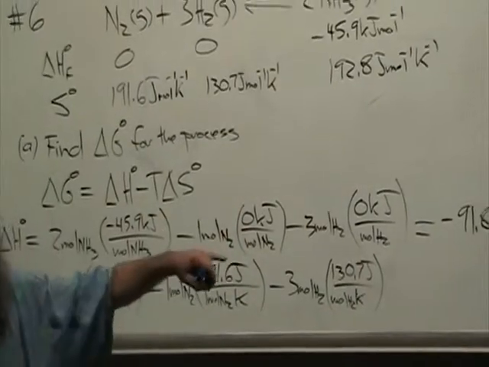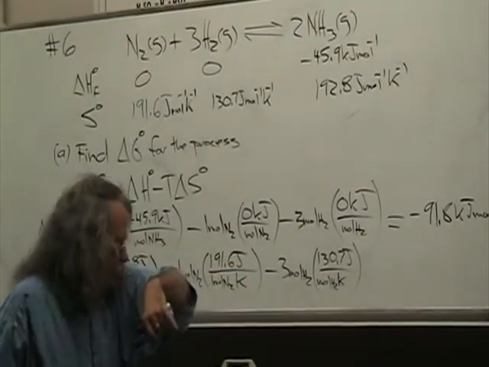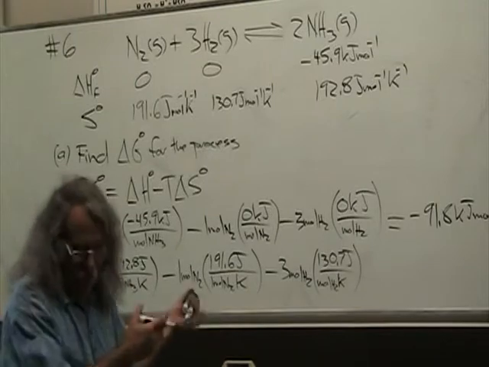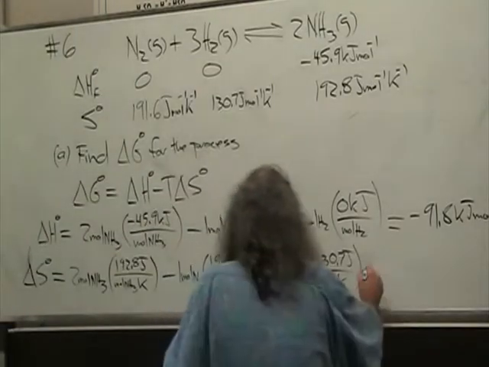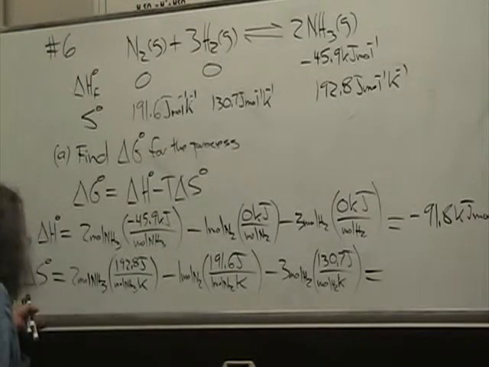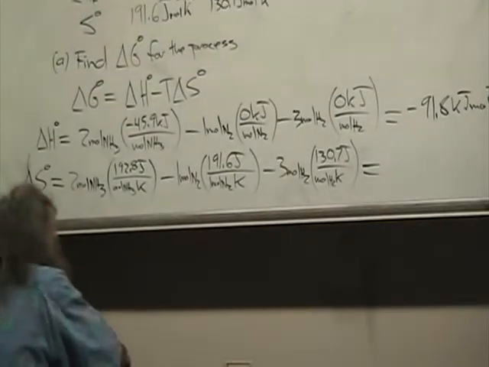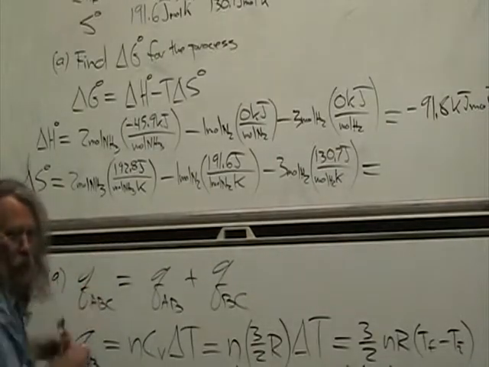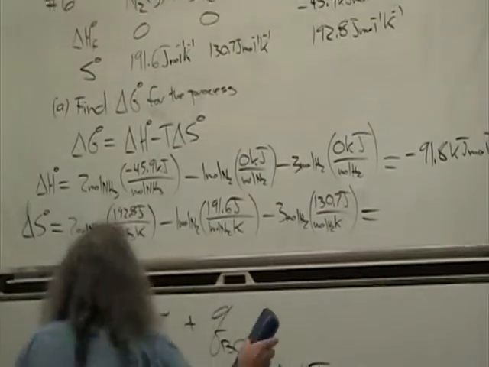I could have put the Ks up top, but it made it a little clearer. Anything will do, and that's going to be equal to something. I'm going to have to get my scratch paper out and work it out over here real fast.